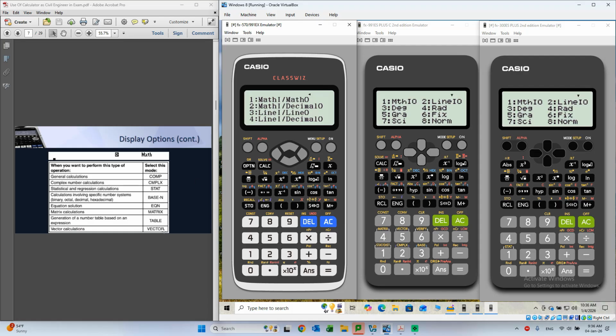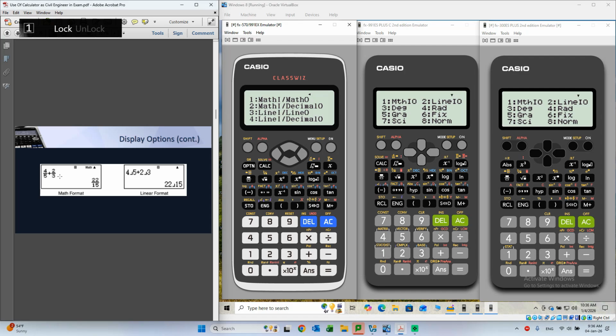What does that exactly mean? Sometimes you do a calculation, say 4/5 plus 2/3, and you want it to appear as 22/15, but sometimes you want to show it as a decimal. So if I don't want to see the output as 22/15, it means that I'm going for decimal.